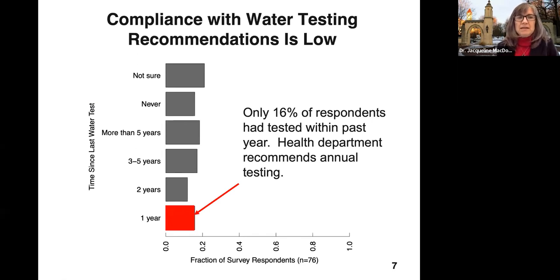What you can see is that most folks were not testing their well water every year or 2 years. The largest group weren't sure when the last time was that they tested their well. Another large group had never tested, and many hadn't tested for 5 years. This is very consistent with what's been found in surveys of rural private wells as well.